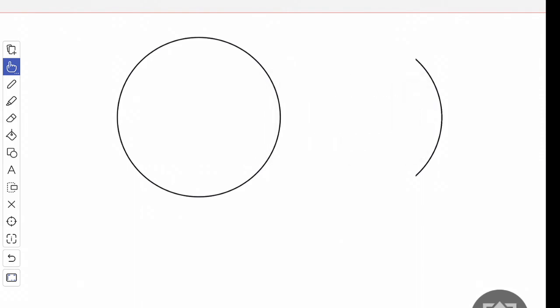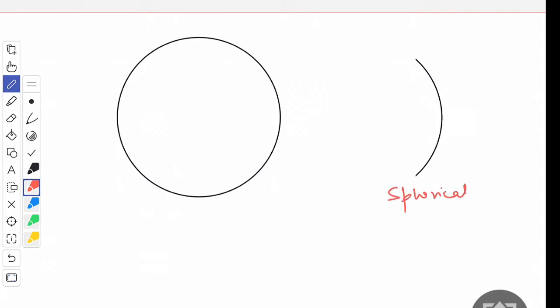Now, because this mirror has been derived from a sphere, it is almost as if it was part of a sphere. We call it a spherical mirror. Very, very simple idea. Makes sense, right?